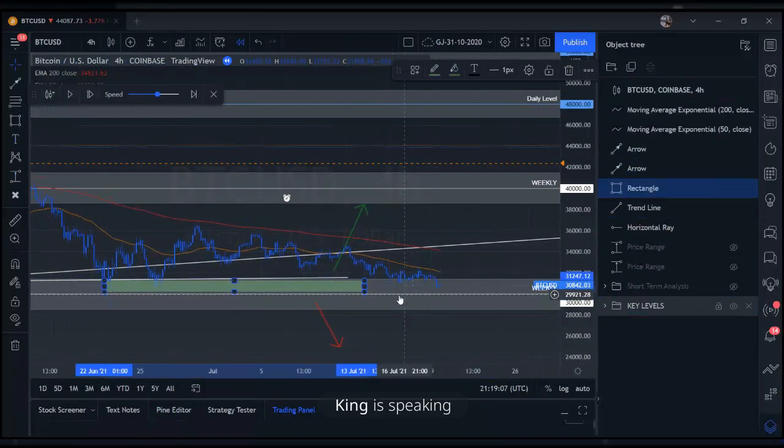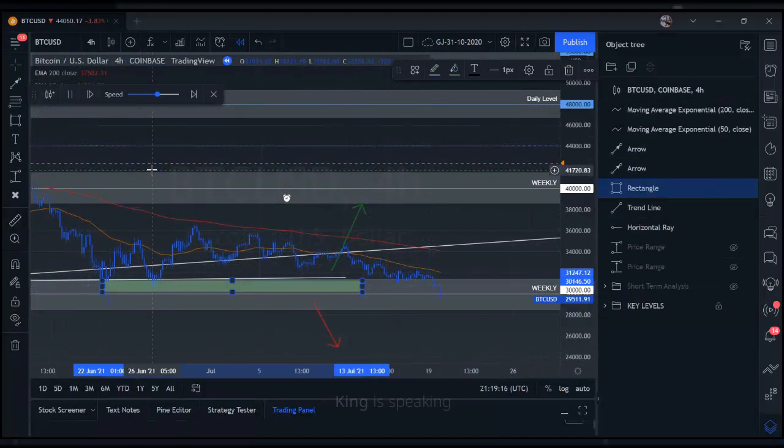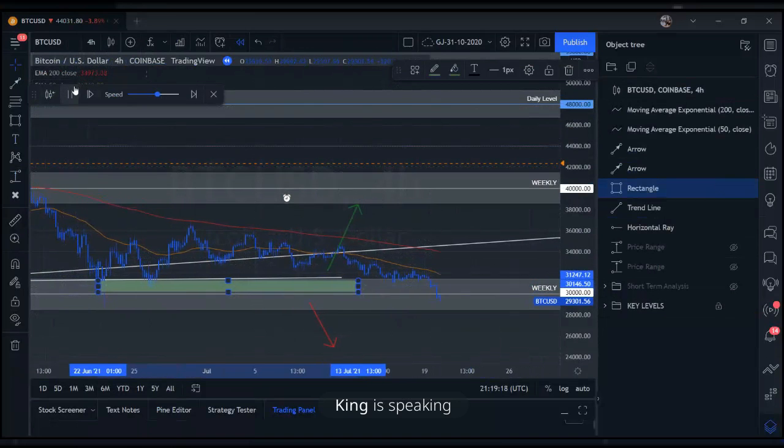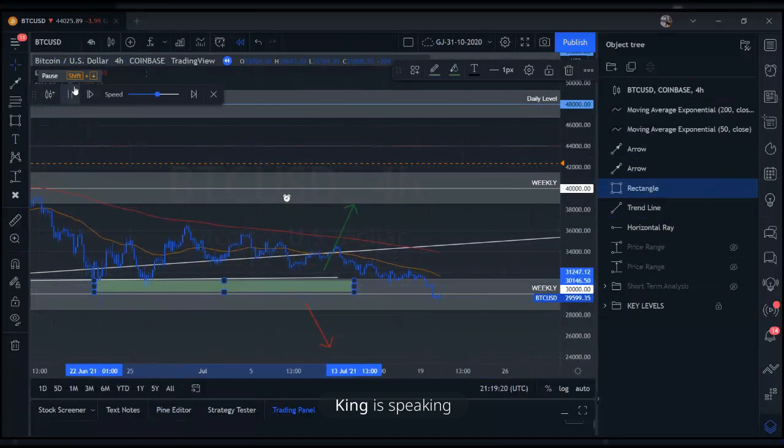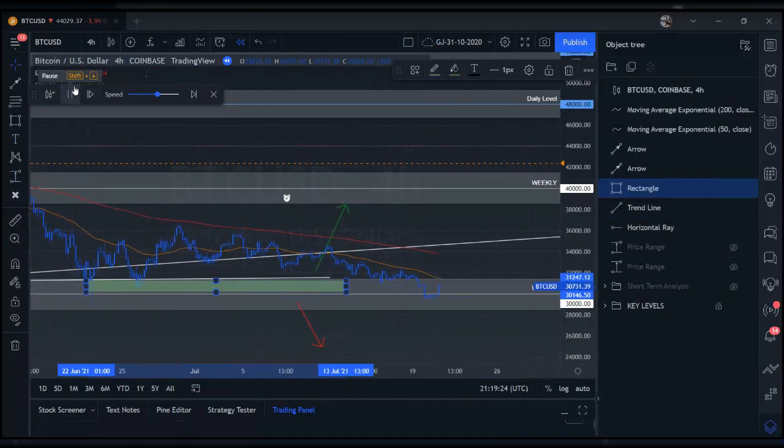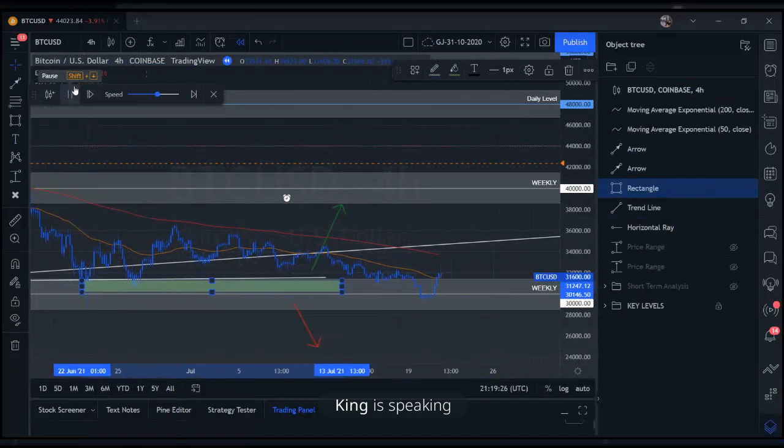So now from here to here, we've seen another 4 days. Now we're getting into this zone, looking like we might break lower. Boom. Now we're above the 50 EMA.